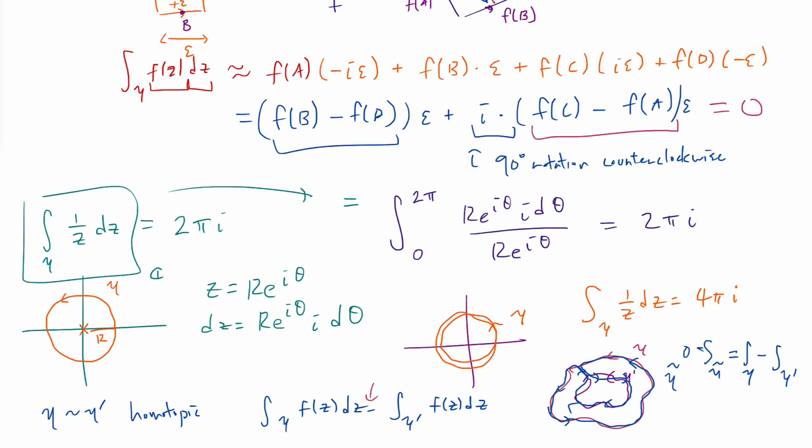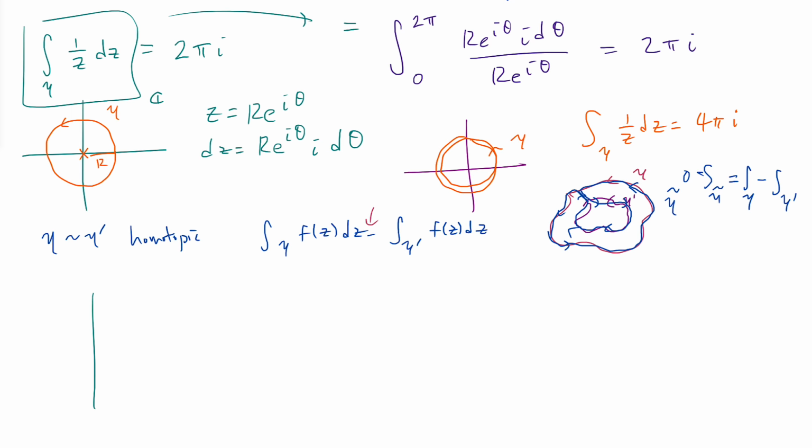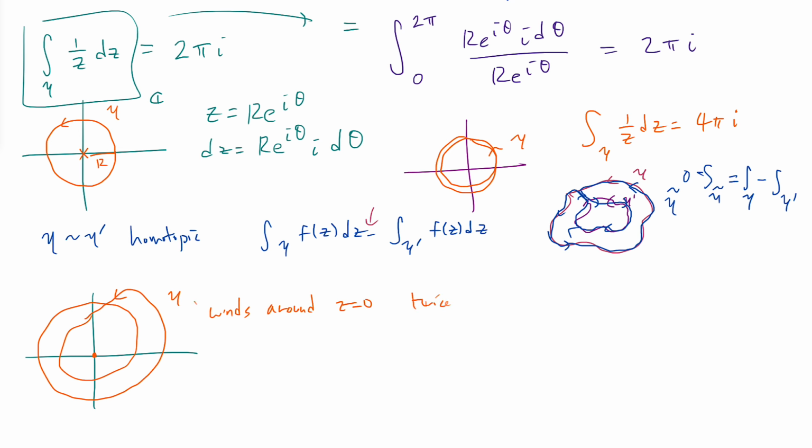So fundamentally what I'm saying here is, when I consider a path that winds around, it's not exactly a circle, but let's say this is your gamma. It winds around z equals 0 twice, whatever this means in this rough intuition.